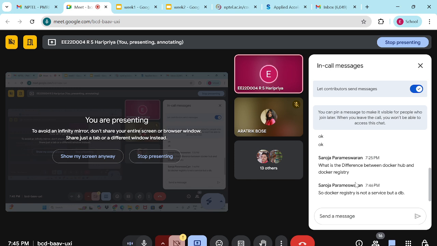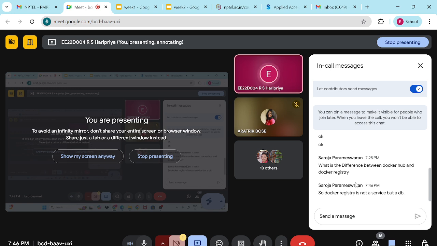I hope by DB you mean database. So Docker Registry is not a database.